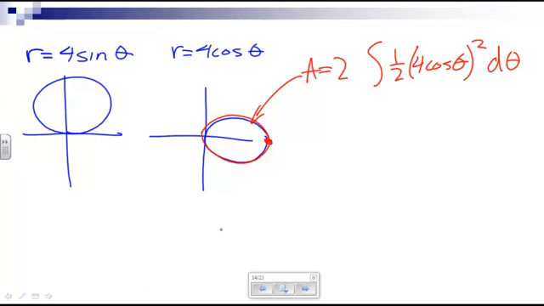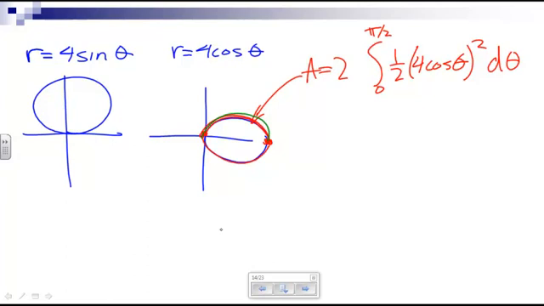And for what range of thetas do I get half the circle? I start here at 0 and I end here at pi over 2. So let's just do it on this range from 0 to pi over 2, and then I'll double it and get the area of the whole circle.